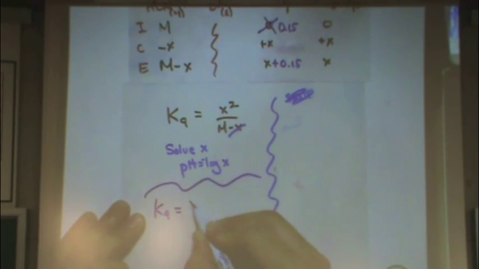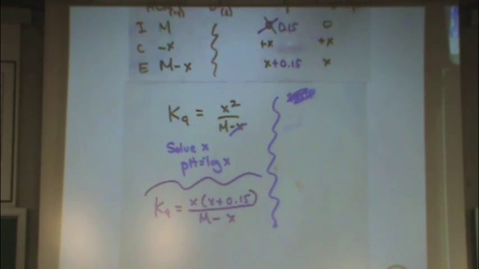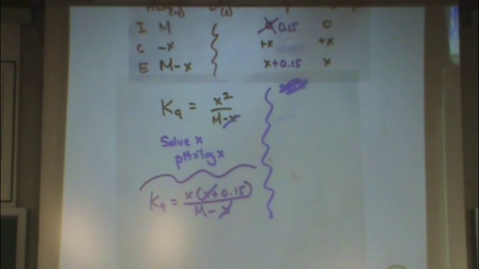Ka would be X times X plus 0.15 over M minus X. And in this case, you're going to drop both of these X's because they're small again. So both of those would be small. Oh, okay. We'll go back to that other page in a minute. And then you would solve accordingly.